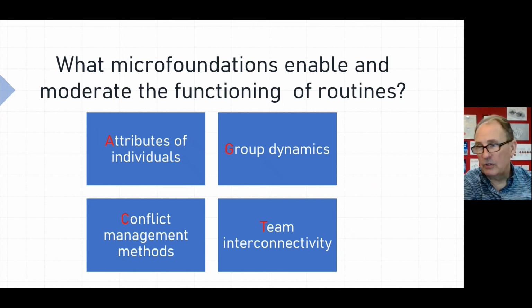The attributes of individuals within groups, the dynamics between individuals within groups, the way the groups are connected, team interconnectivity, and the methods that are used to align and deconflict the work of groups. And because of my biological bent, I gave these the acronym of ACTG because I wanted to be reminiscent of the base pair sequence in biology.